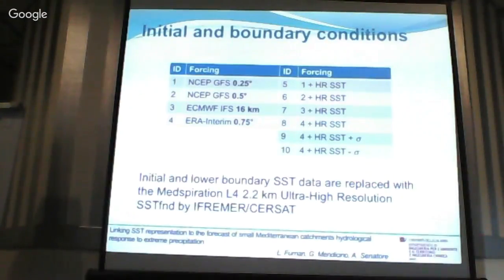And then as reference, we also used ERA-Interim data. Then with this forcing data, we replaced sea surface temperature fields with the high-resolution sea surface temperature from Ifremer CERSAT from France. And we made our comparisons.